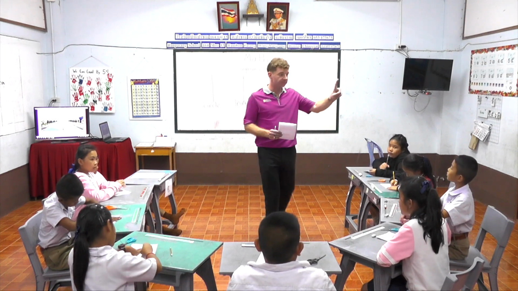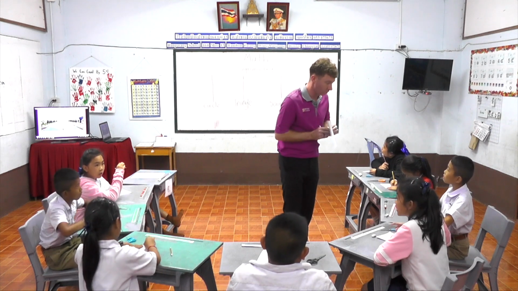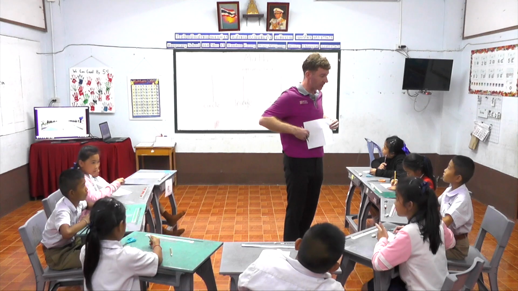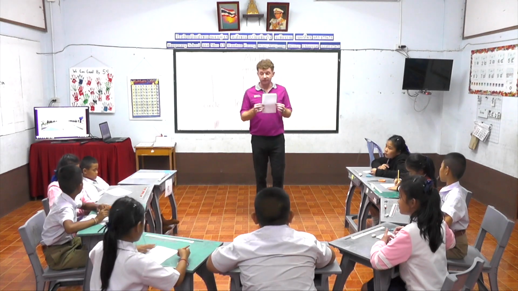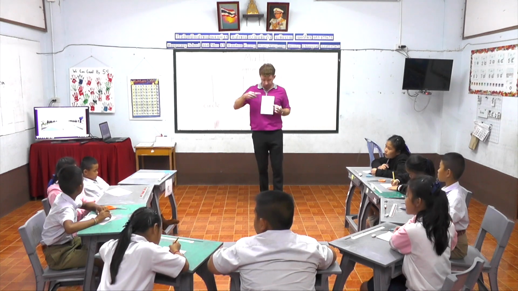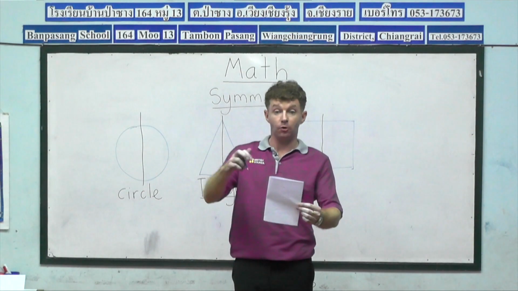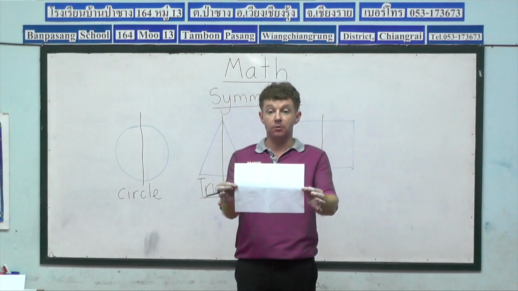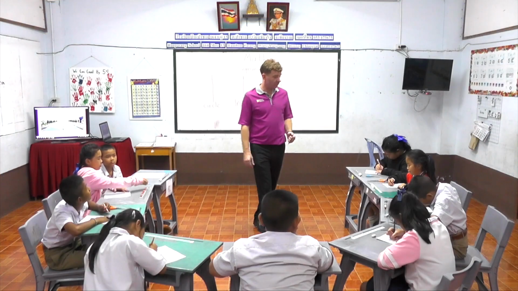No, one side. You don't need to draw both sides, because when you cut, you will open and it will be on both sides, and that will be symmetry. That's why it's important only to draw on one side of your paper, because we will cut both sides, and when we open up, you will see the symmetrical shape. So think about it.